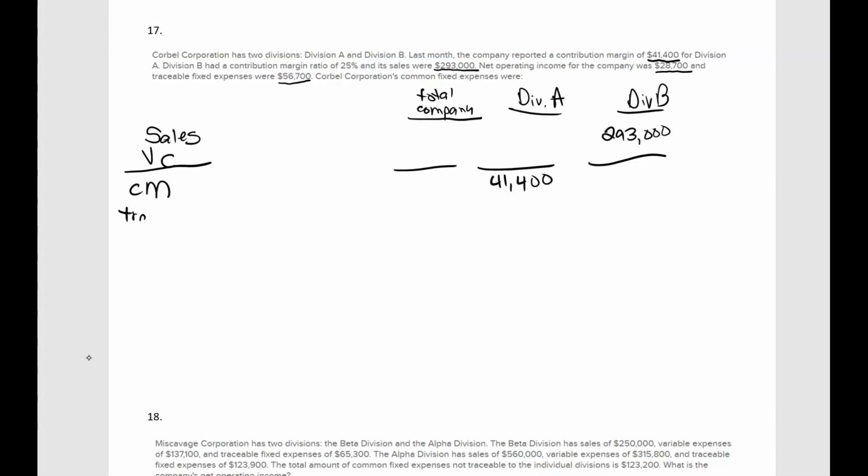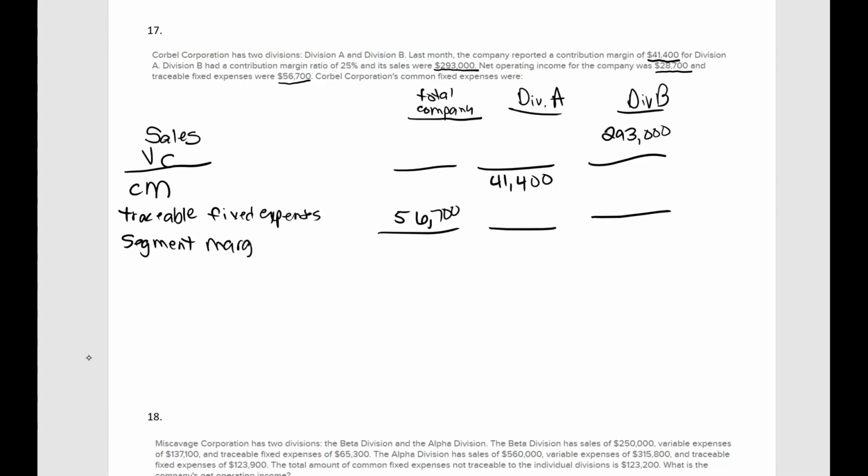And then our traceable fixed expenses. Here, traceable fixed expenses total is $56,700. Then we get our segment margin.